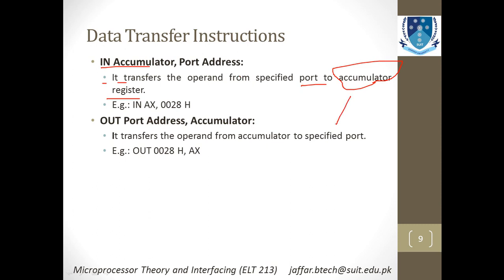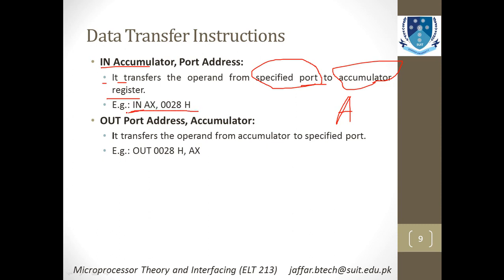This is basically A register, accumulator. So if you want to move your data to accumulator from a specific port, let's say output port or a USB port or any input output port, you have to basically use IN accumulator or IN port address data instructions, and this is typed in this form.